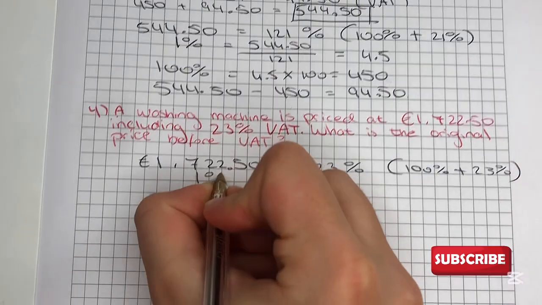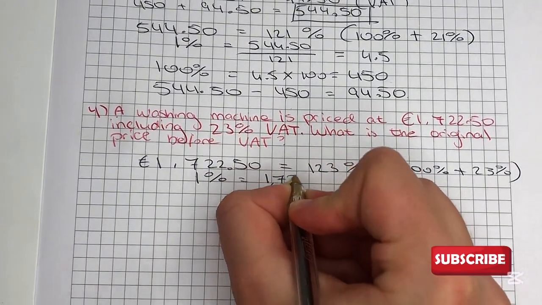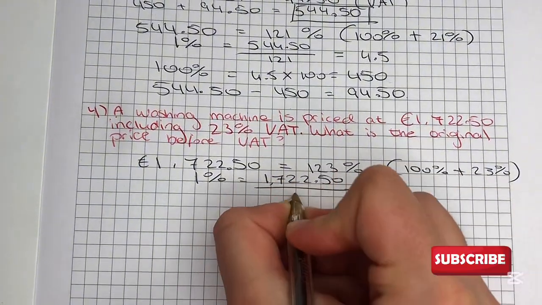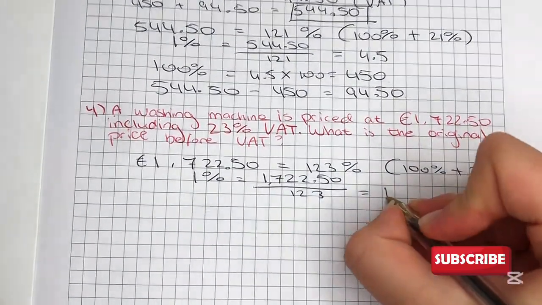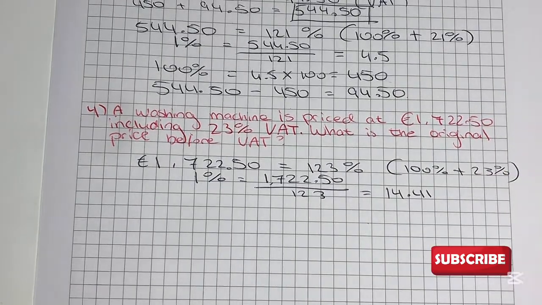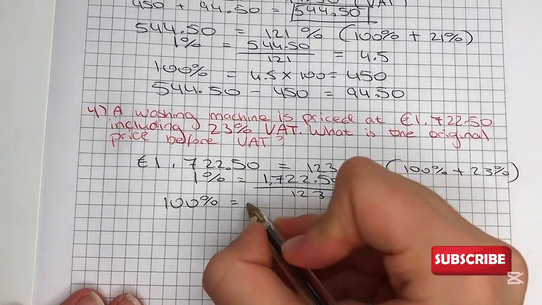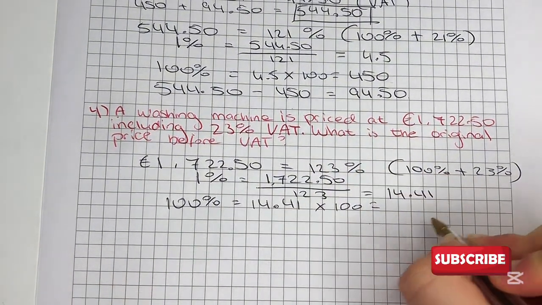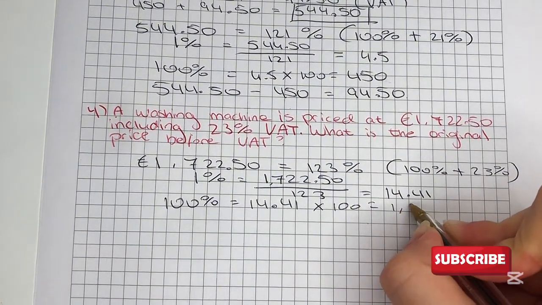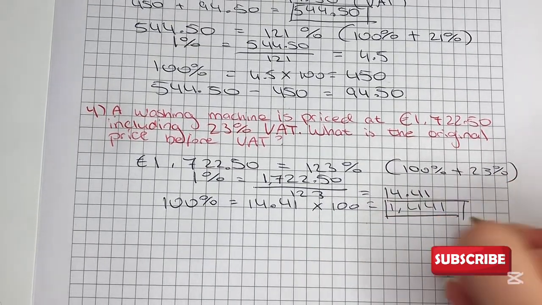And like I said, how to find that is 1,722.50 all over 123 is equal to 14.41. Now we have to find 100%. So 100% would be 14.41 multiplied by 100, which gives us €1,441. And that is your answer.